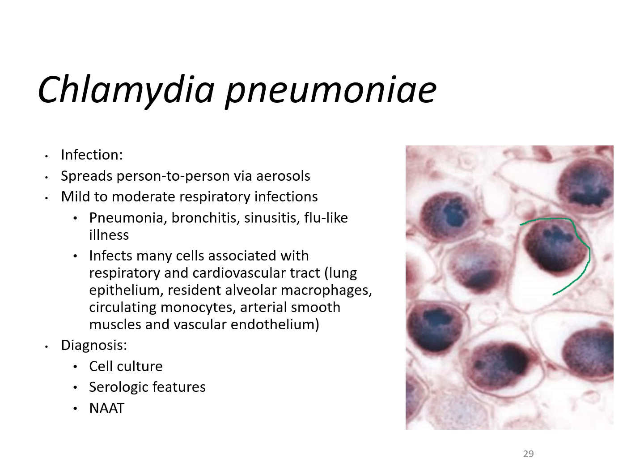So here are those elementary bodies that have taken on that pear shape. And to diagnose this, you could use a cell culture, serological testing, or NAT testing, the nucleic acid amplification technique.